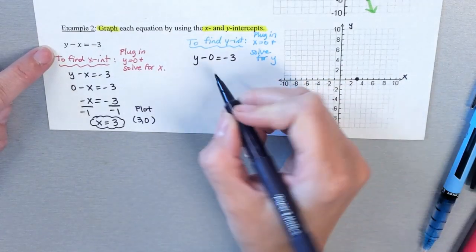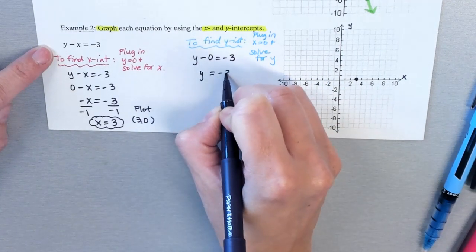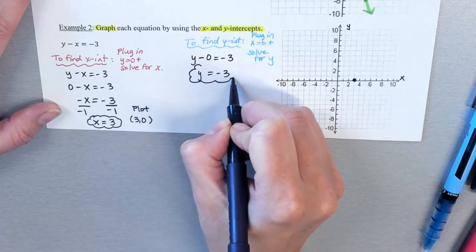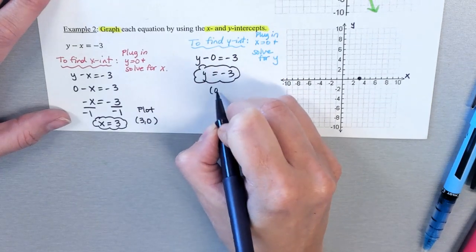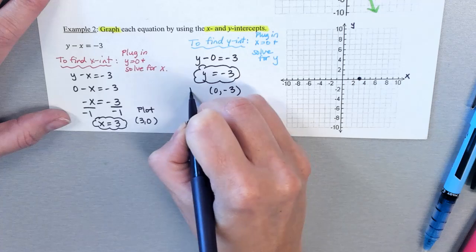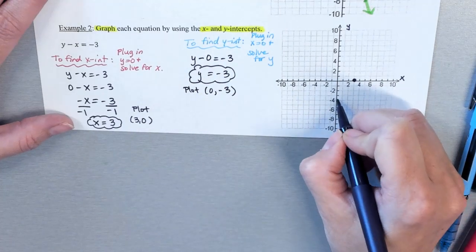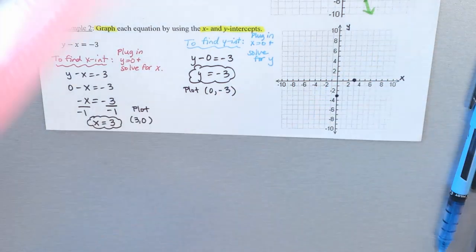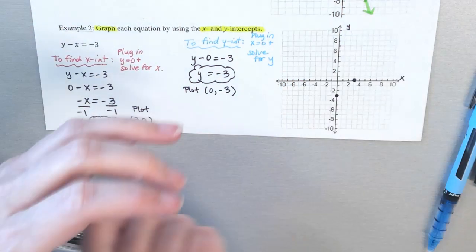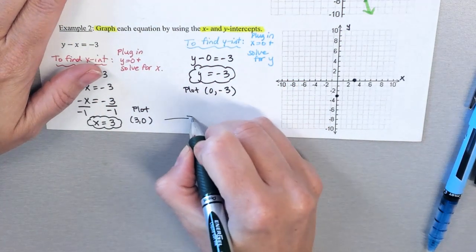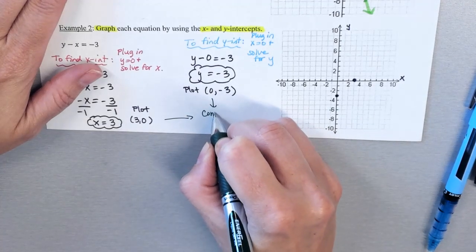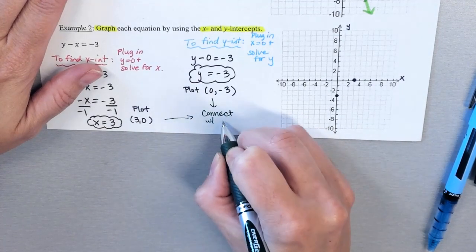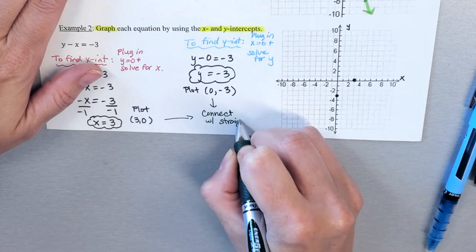Well, what's y minus 0? It's just y. Okay, so then this is my intercept, so you would be plotting 0, -3. So with this, because it's telling you to graph using the x and the y intercept, you are just going to plot those 2 points, and then you are going to connect them with your straight edge. That's all you have to do.